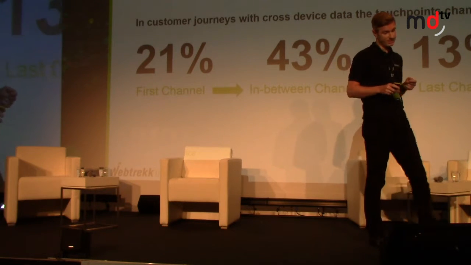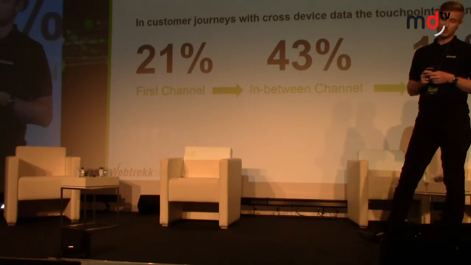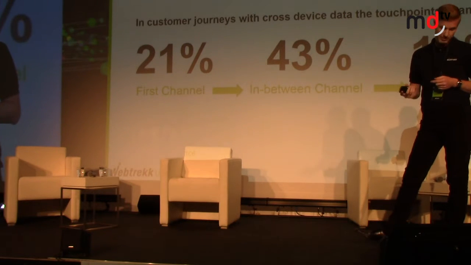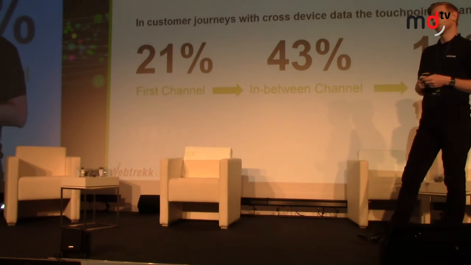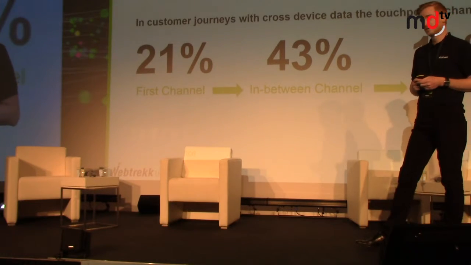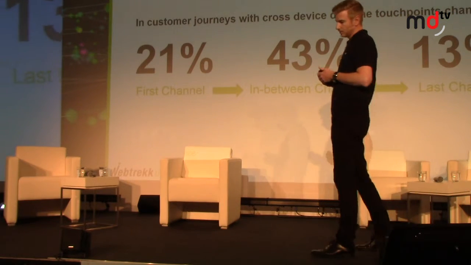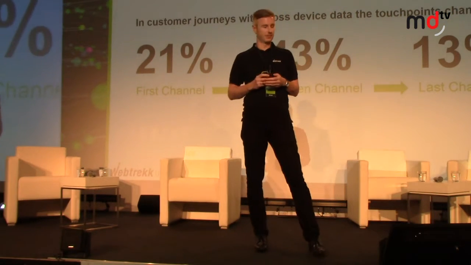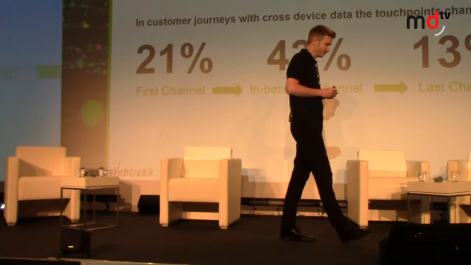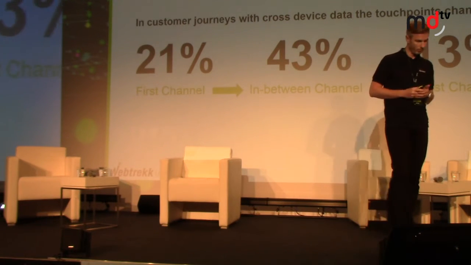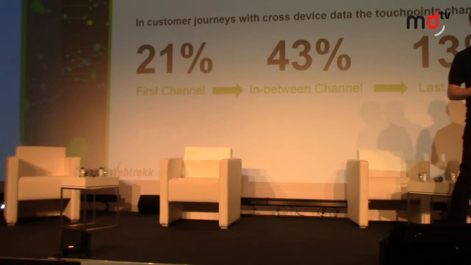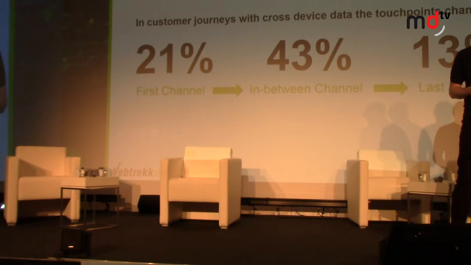Even more interesting is that in 13% of all customer journeys with cross-device data, the last touch point changed. And I think most of you are using last touch point wins attribution, so you can assume that there's really an impact of cross-device data on attribution modeling.